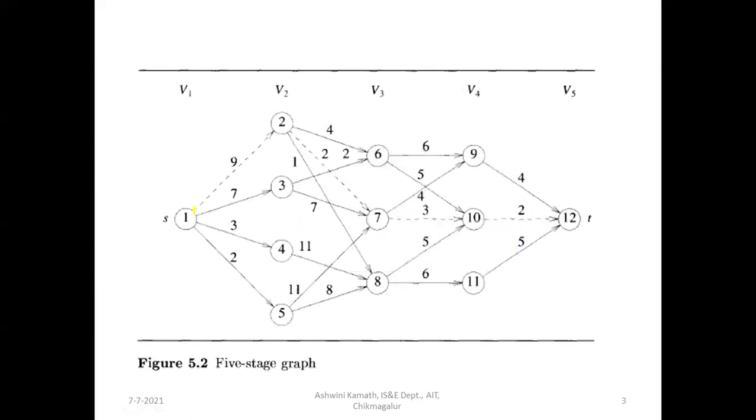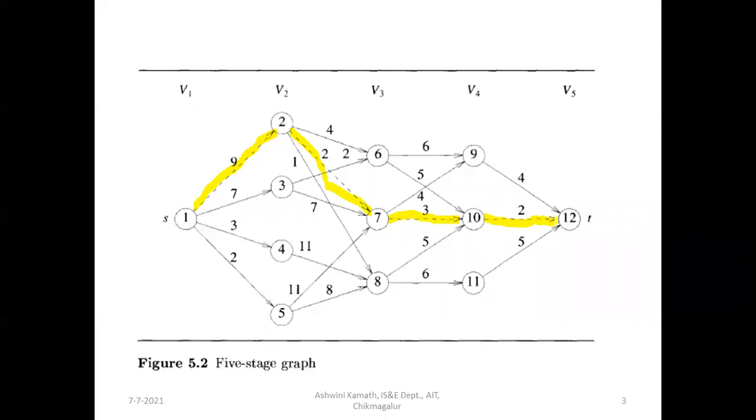So it is decision 1, 2, 3 and 4. For a 5 stage graph we need 5 minus 1, 4 decisions.